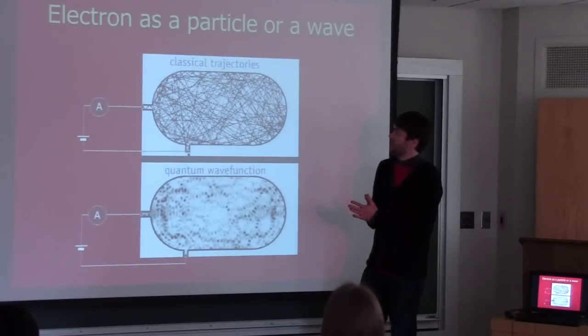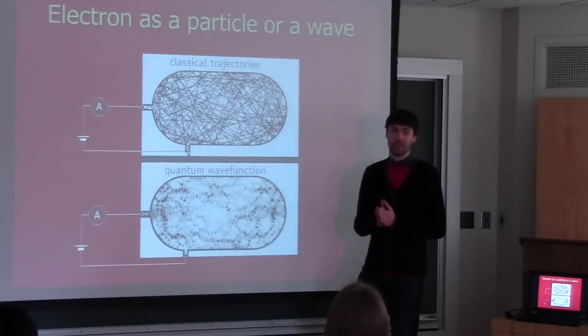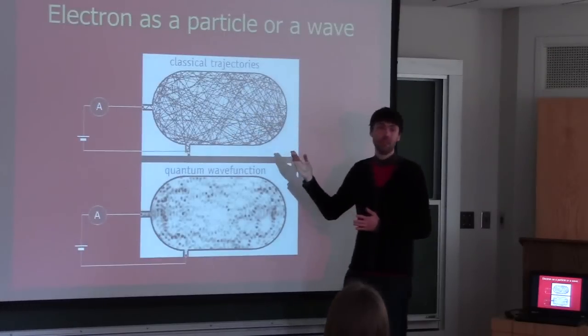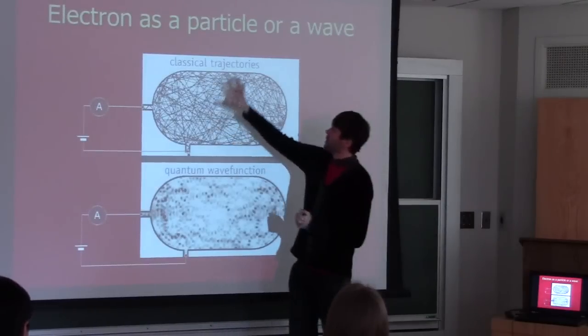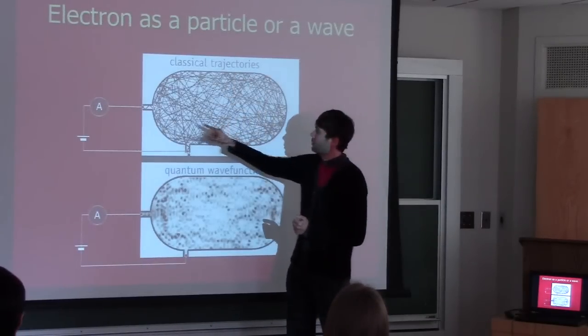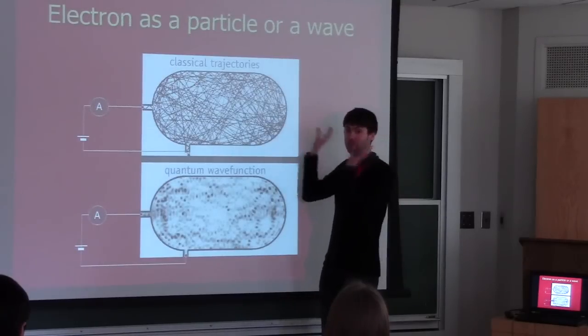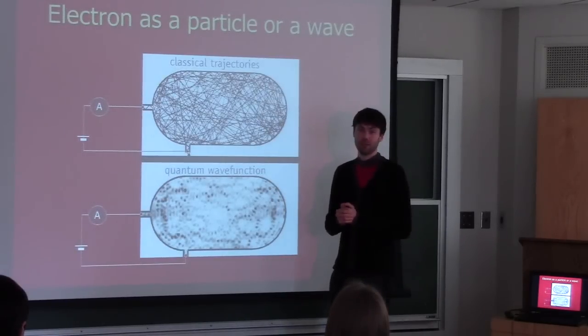So for example, here are two samples whose shapes look identical. It is some sort of two-dimensional cavity. It is a rather perfect cavity because here in the classical regime, when an electron enters this cavity, it just bounces off the walls. There is absolutely no scattering or interaction between different electrons.